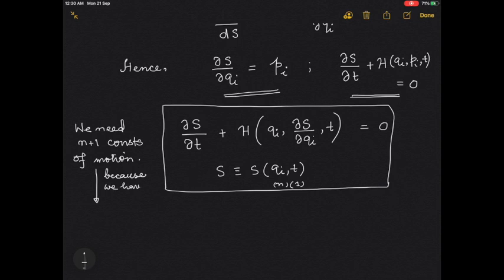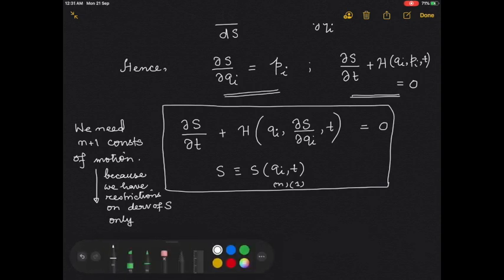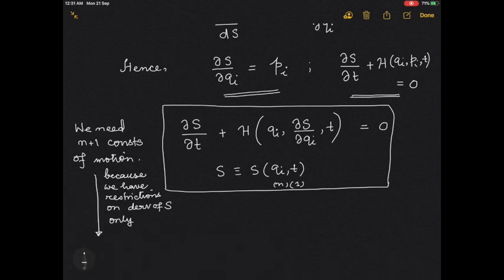So this, because we have restrictions on some type of derivatives of S only, so we need only n constants.